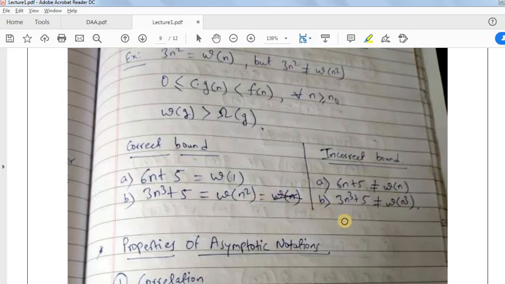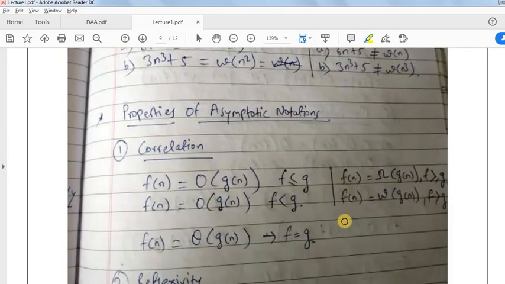Okay, so what are the properties of all these asymptotic notations? The first property of asymptotic notation is known as correlation. What it says: f of n is equal to big O g of n indicates that f is always less than or equal to g. If I say f of n is equal to little o of g of n, then f will be strictly less than g.